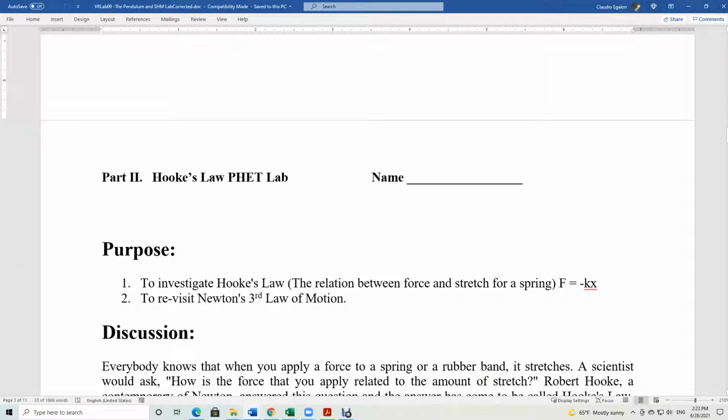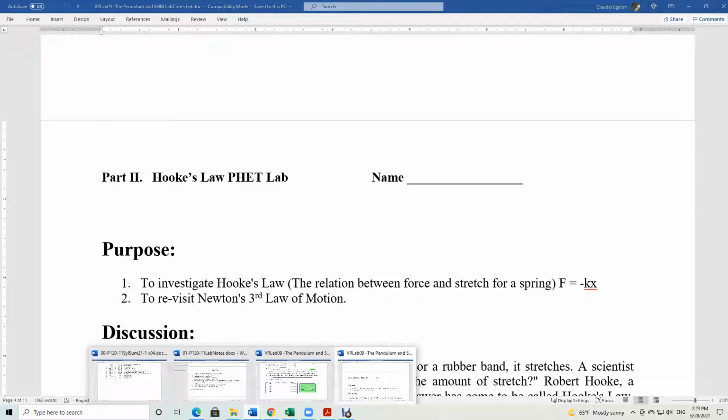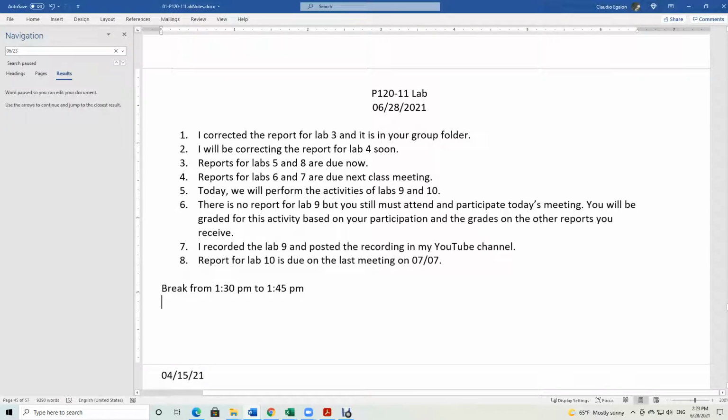We're not going to do Hooke's law. We're not going to do this part. We're running out of time, and we need to do the next lab. Let's go for another half an hour before we have another break.